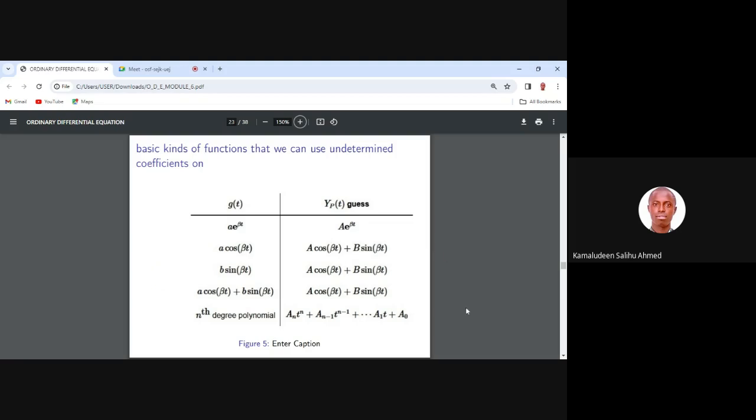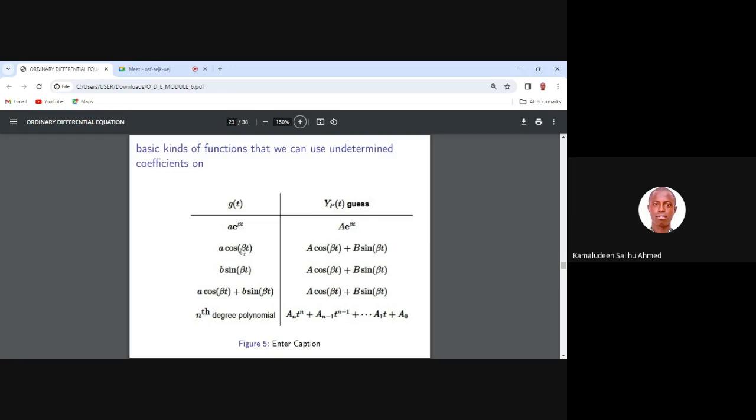Okay, so this is a summary table of what to use whenever we have undetermined coefficients. Anytime we have our g of t looking like all this, look at the first one, a exponential beta t. What you substitute for it, your y of t guess, will be a, which is the arbitrary constant, exponential beta t.